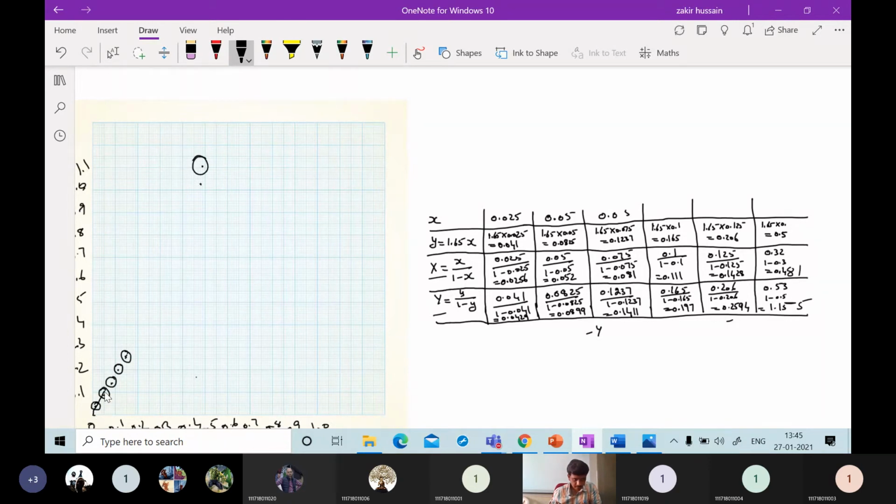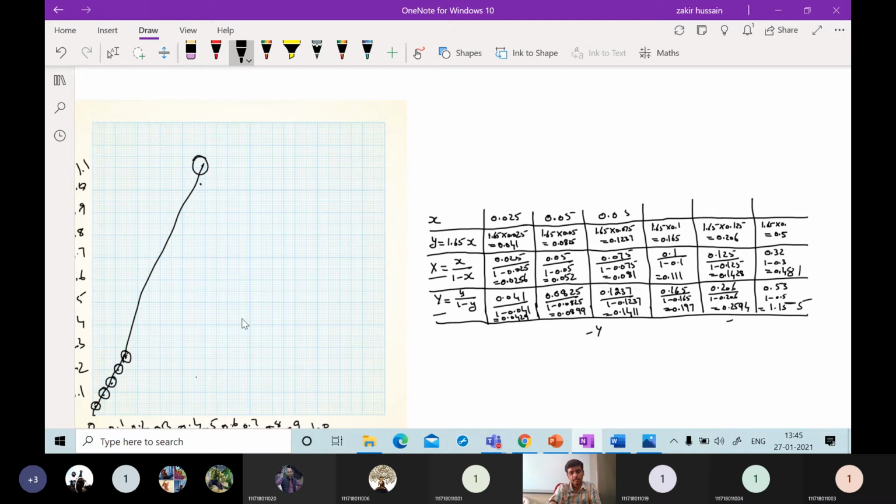This much gap is there. Something is wrong here, I don't know. Just observe the procedure. So this we have to connect like this.